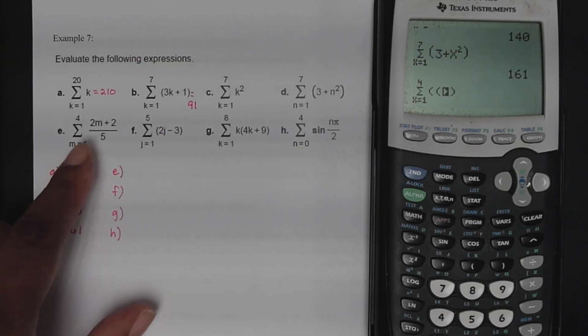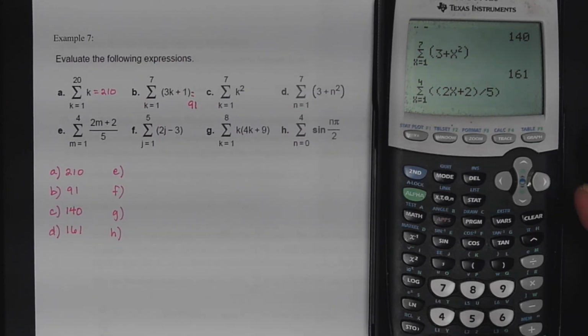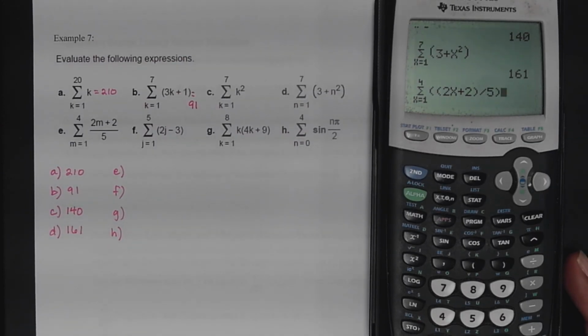Left parentheses, I want this all divided by 5, so that 2m, or 2x plus 2, will be in parentheses. So left parentheses, 2, X,T,theta,n for the x, plus 2, close parentheses, divided by 5. And then press enter.